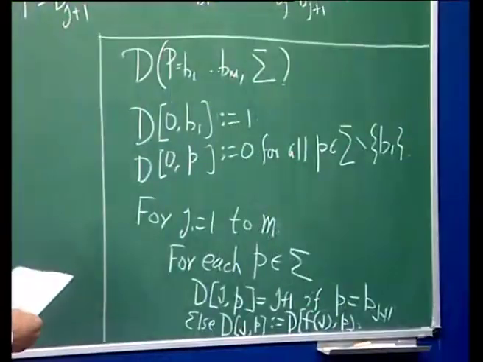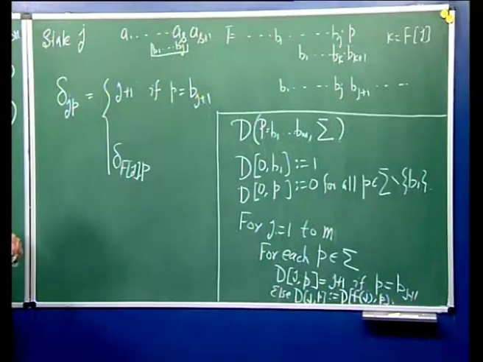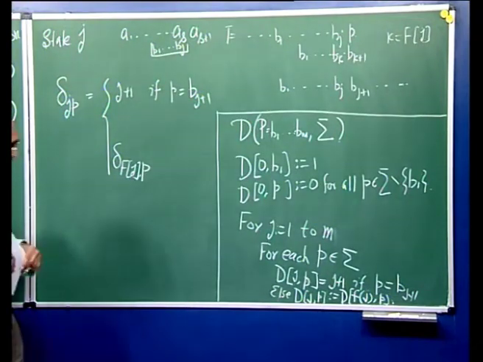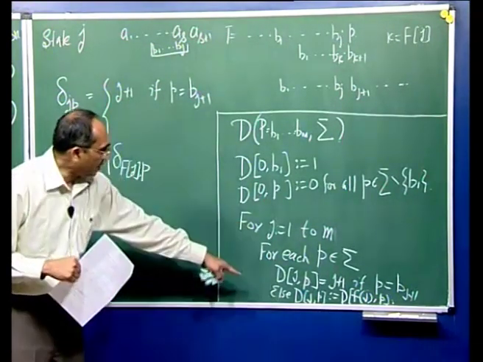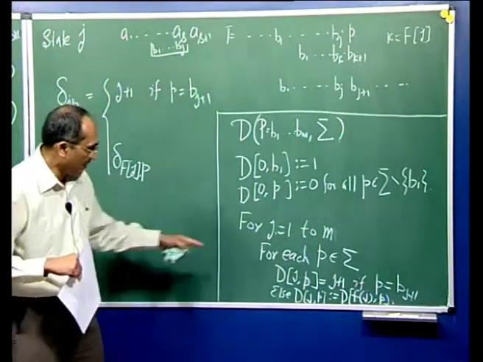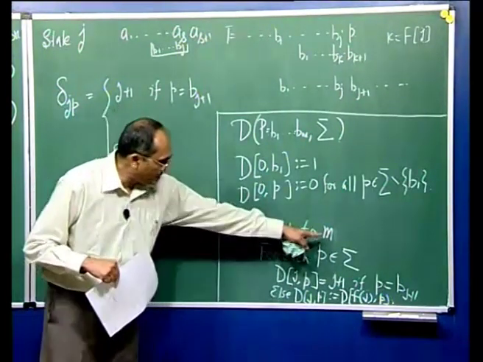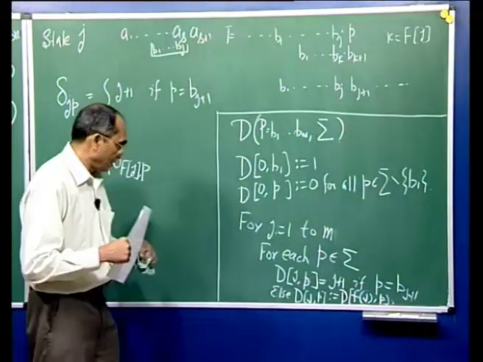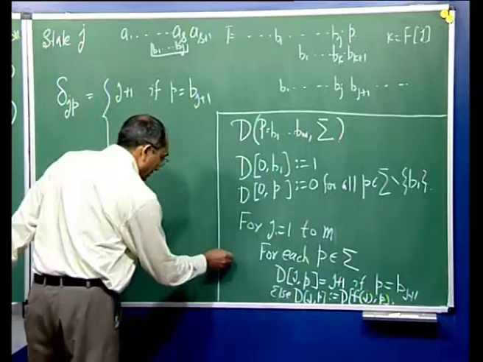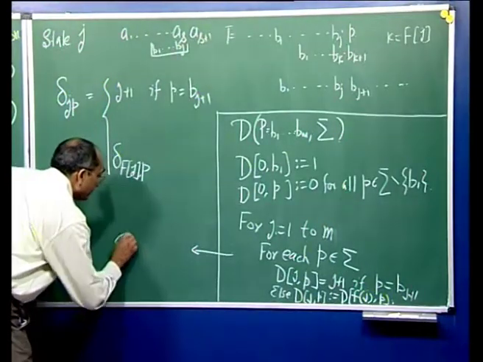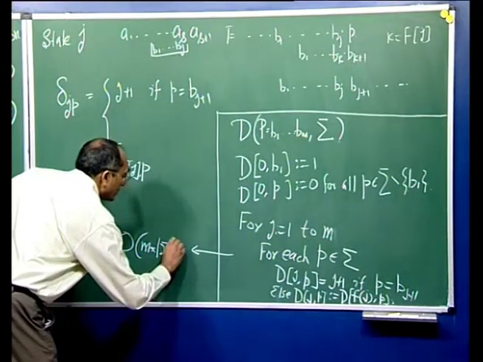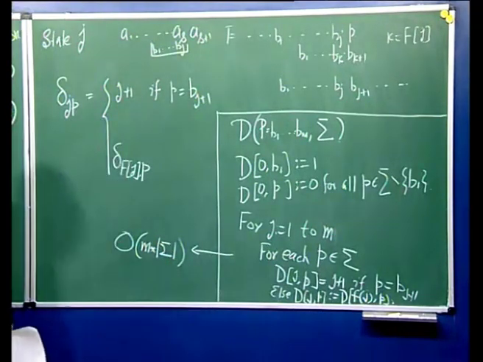So, this is just capturing the definition of the function delta. The cost of this computation is, for each value of j we have to scan through each symbol, and the complexity of this is order m times mod of sigma, the size of the symbol set sigma.